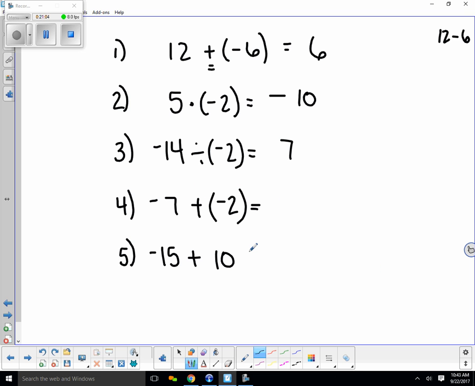Oh, I'm sorry. Yes, Molly. Because my signs are the same, and we know that if the signs are the same, my answer is always positive. Okay? Number 4, operation is addition. Signs the same or different? Same. So it said to add 7 plus 2, which is 9, and keep the sign, which was negative.